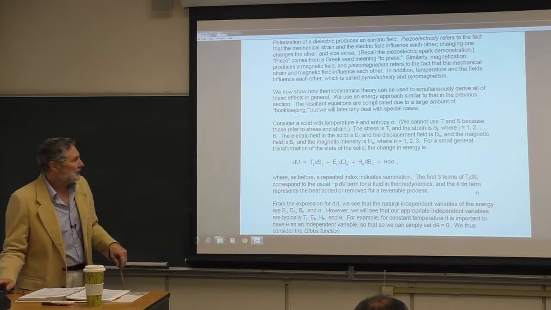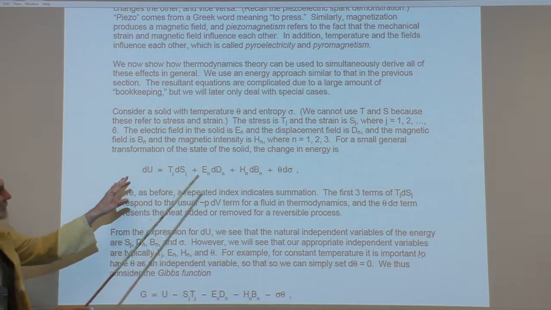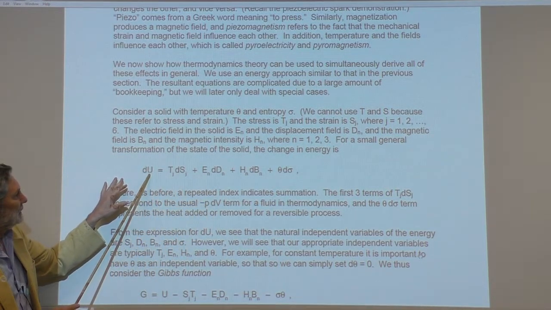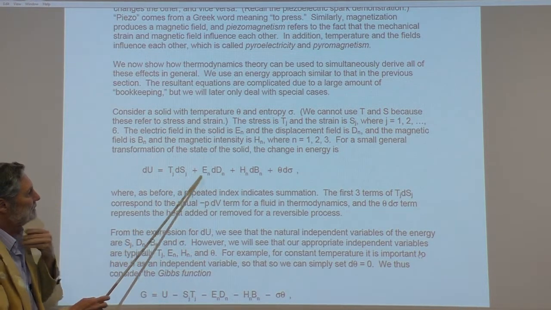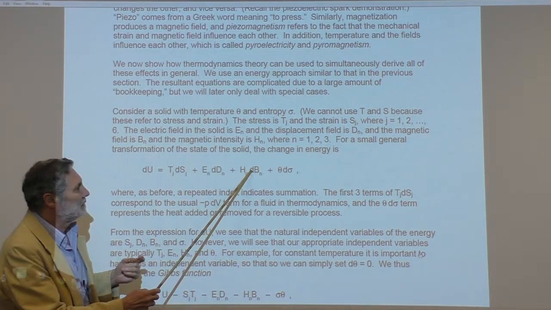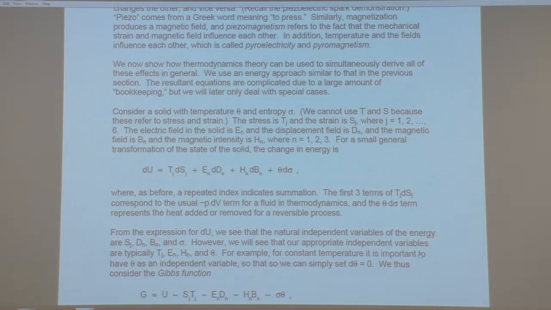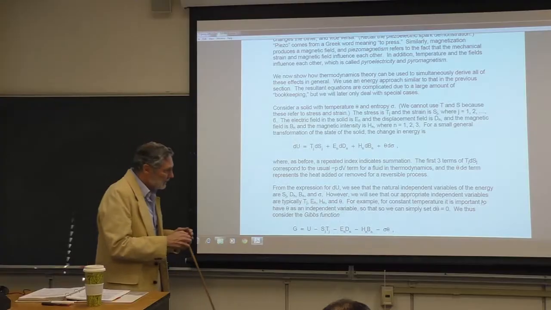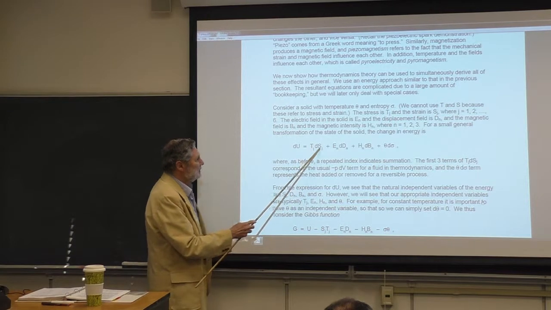Now, it turns out that for most of our work here, you can see that the energy here is a natural function of the stress, the displacement field, the magnetic field, and the entropy. It turns out that the typically convenient or natural independent variables for us are actually the flip of all these.